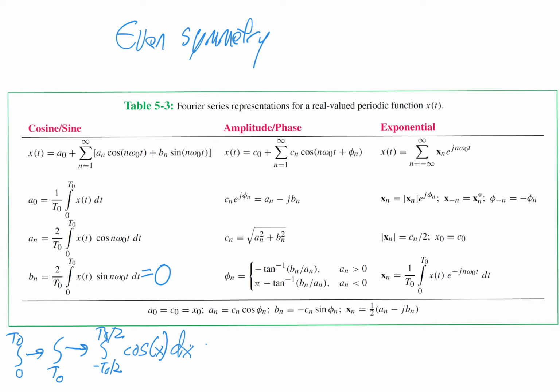If I have a cosine, I'm going to get, because of even symmetry, twice the area from 0 to T0 over 2 of the cosine at whatever frequency. Here I'm just showing it with x itself, and that will simplify my integration.